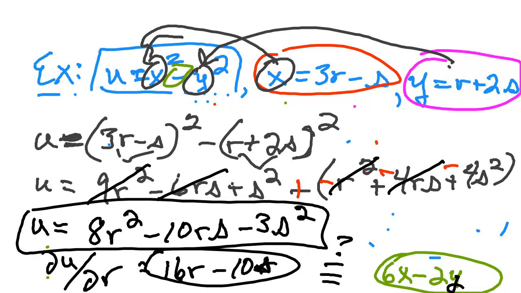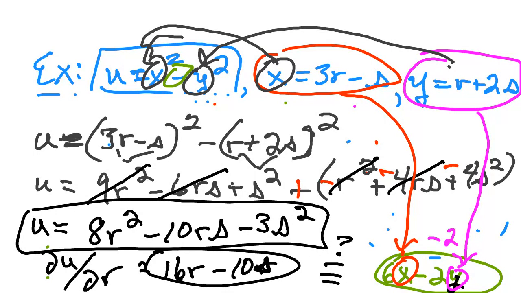I would need to take this x value, it'd probably be easier to plug into this, and then take this y value, plug it in right there, and make sure that that's the same. So the minus 2y would be minus 2r, and then minus 2 times plus 2s is minus 4s. That'd be the purple part.